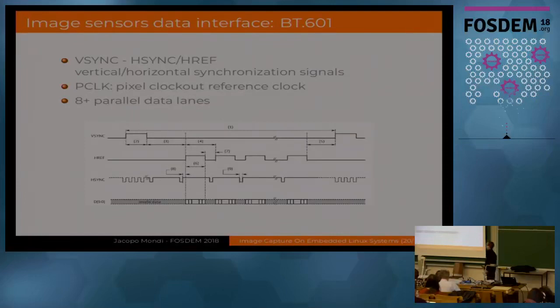So we have the signals for synchronization: VSync, a pulse here tells us the frame is starting; HSync, a pulse here tells us the line is starting; or HREF, which is basically the same thing, that defines when a line is valid. Here we have data that are actually clocked out on the parallel bus. That's kind of simple in principle, and again, for older and obvious designs.